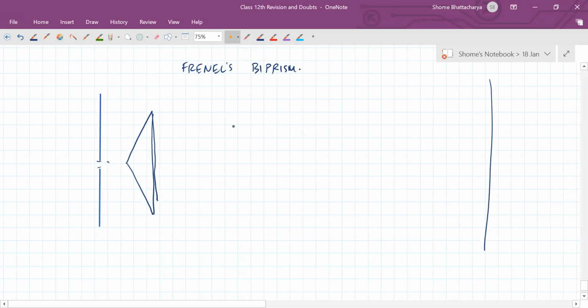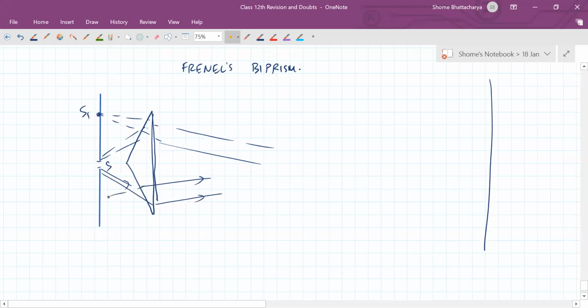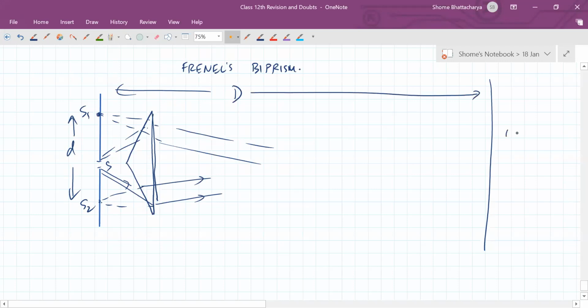So what the screen is seeing is light coming as if it's coming from one virtual source here and another virtual source here. So the distance between the virtual sources is small d and this is capital D. Then the fringe width that we get is D lambda by d. Okay, that's the first thing.